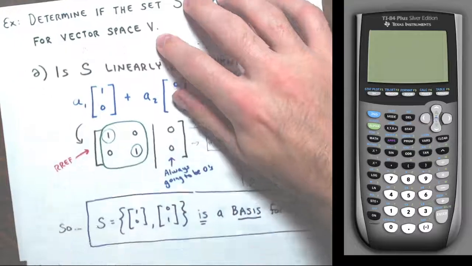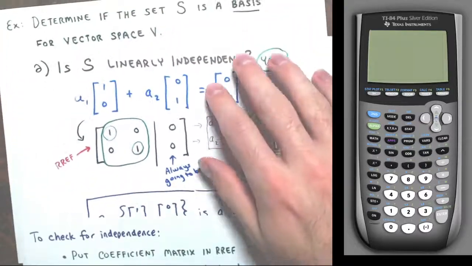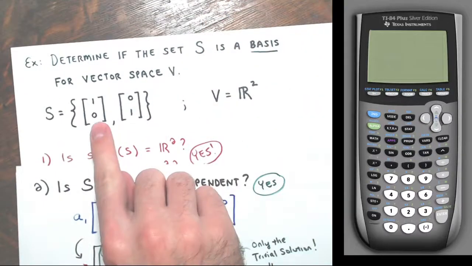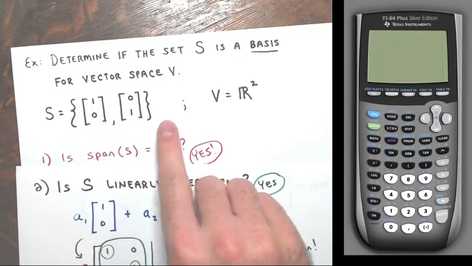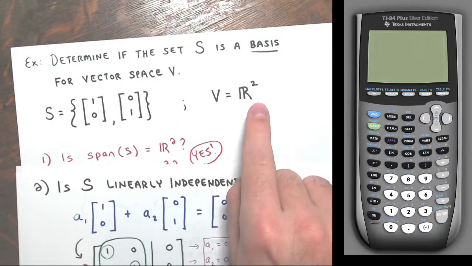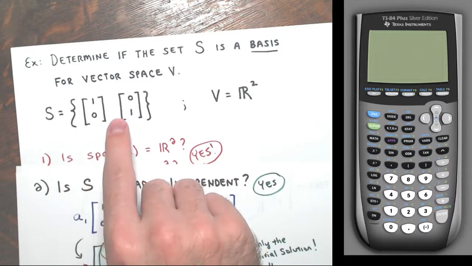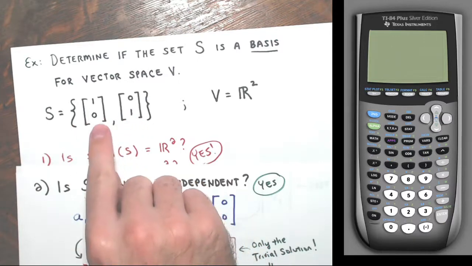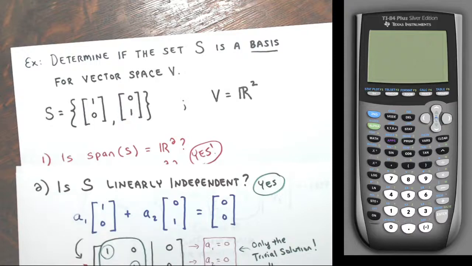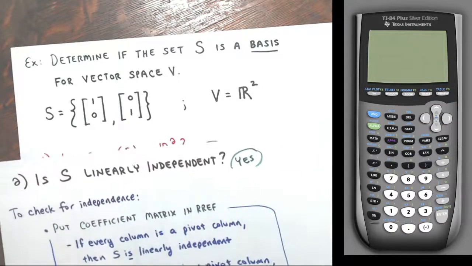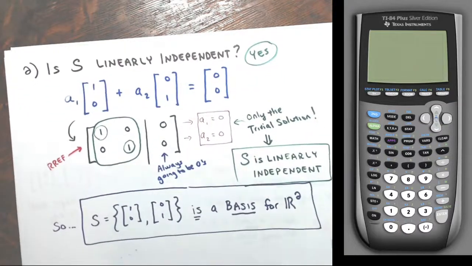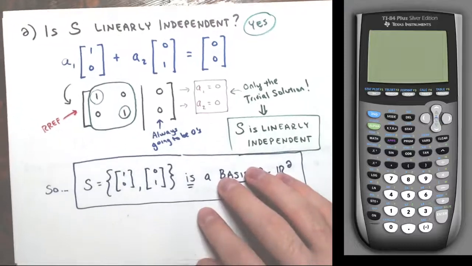Now back to earlier. You know how we said this set, the set with 1, 0, 0, 1, is a basis for R2. Every vector in R2 can be written as a linear combination of these two, and these two are linearly independent. Well, this is a very special set of vectors.